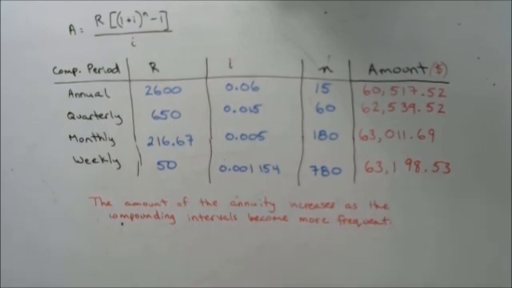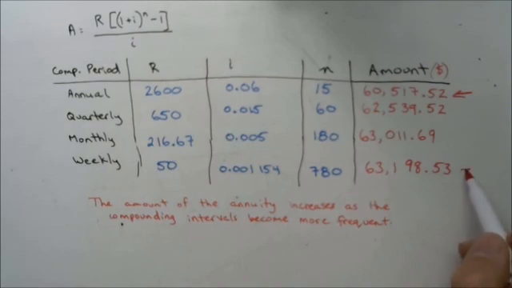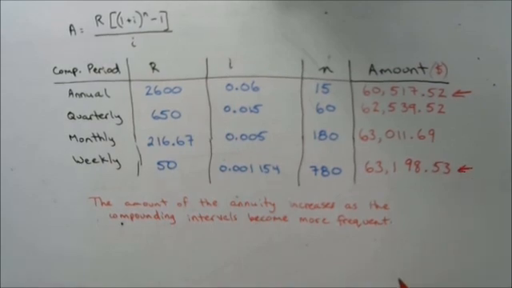Okay, so as the compounding intervals get shorter, as it compounds more, you're going to earn more interest on your money, which means your amount is going to be greater. In this case, the difference between compounding annually and compounding weekly, for the same amount of money that you put in, you're going to earn an extra almost $2,700.